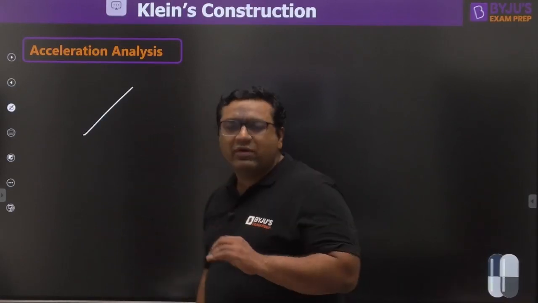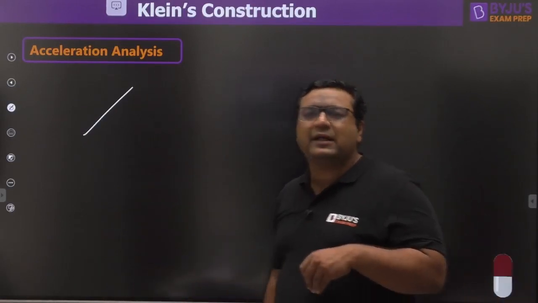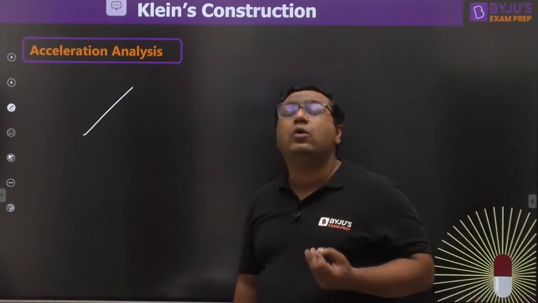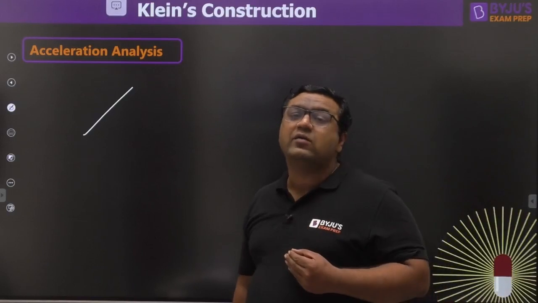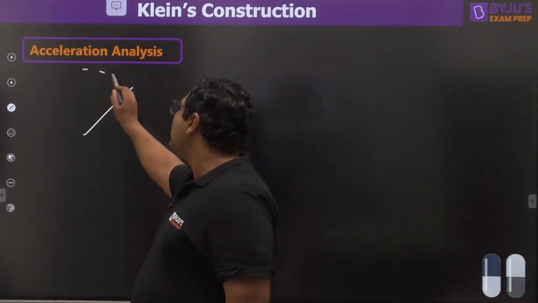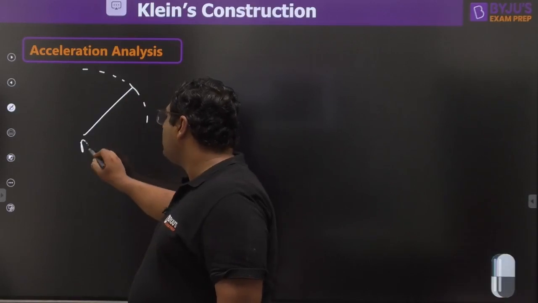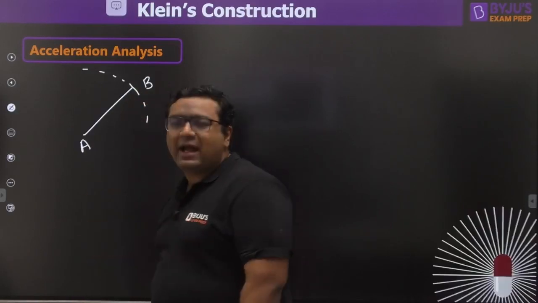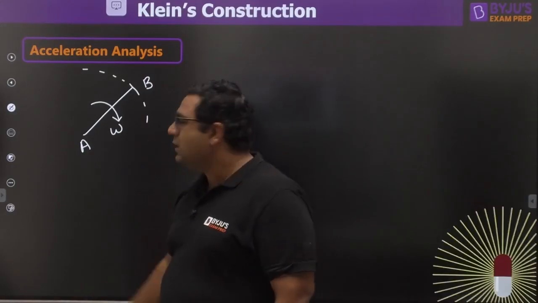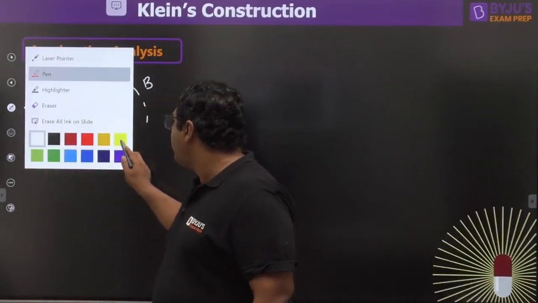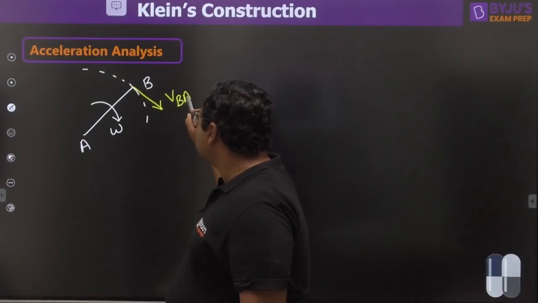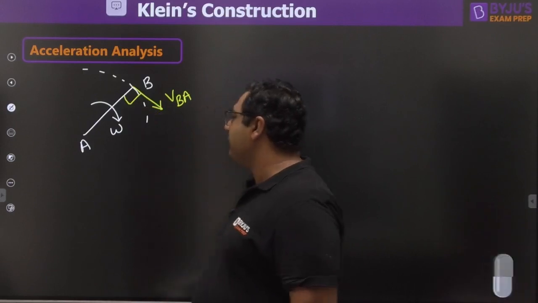If you have any link, you know that while studying simple mechanisms, in velocity analysis Sir Arnold Kennedy converted all the motions into rotation. So if we assume this is any link which is in rotation, and it is rotating in this way, this is the omega of this link, then the velocity of point B with respect to point A is given as VBA, and that is perpendicular to the link AB.